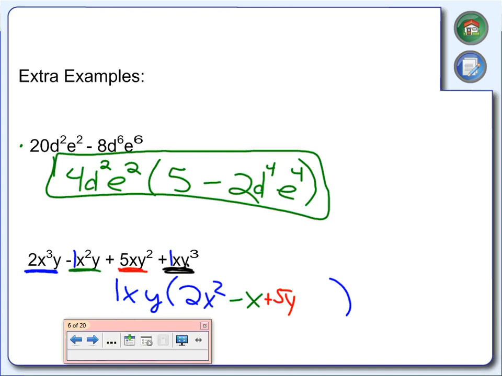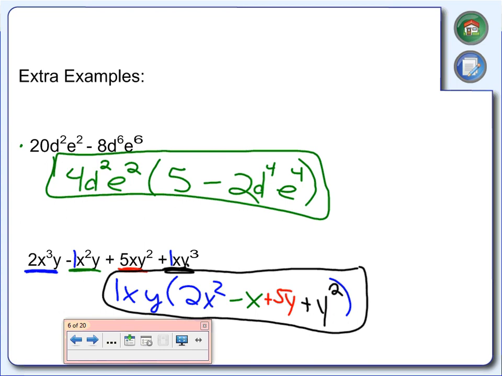So I'm going to need over here a y squared, because that y times this y squared would give us the y to the third. So this right here would be the factors of this thing right there. Those are the factors.